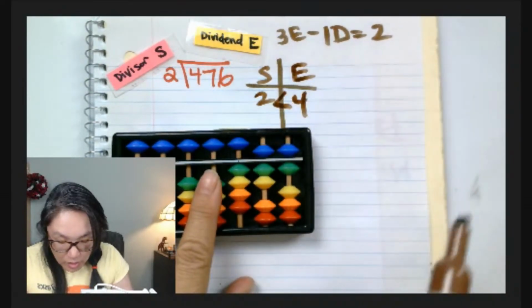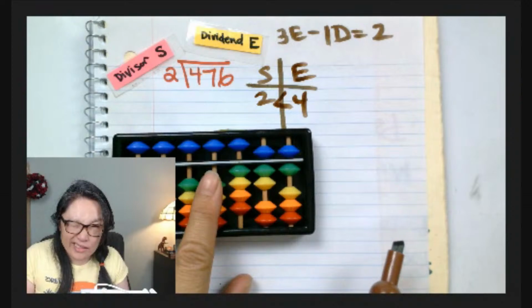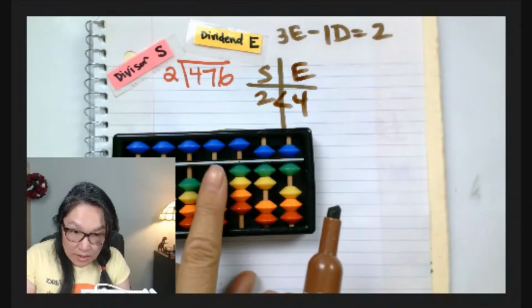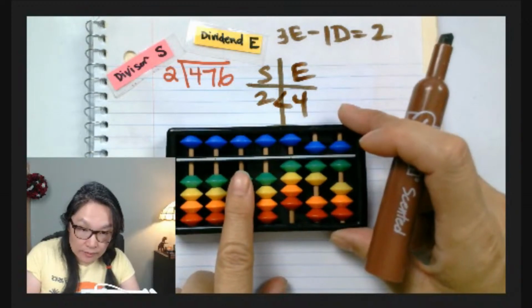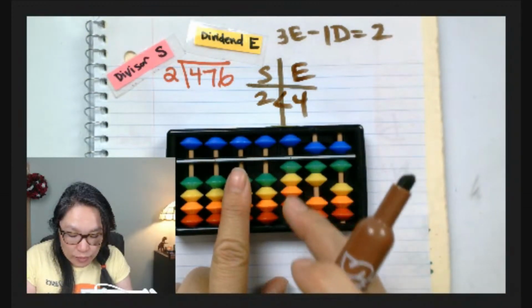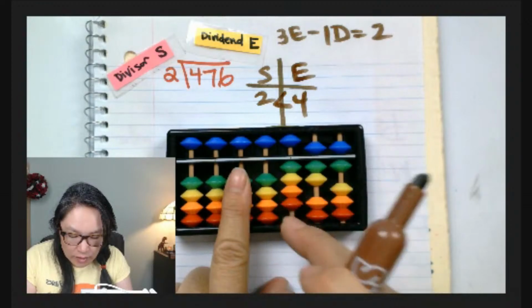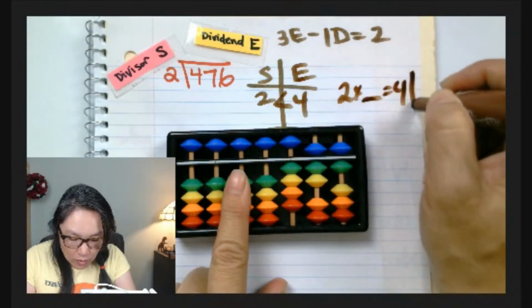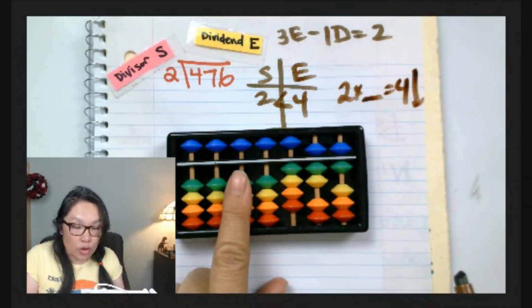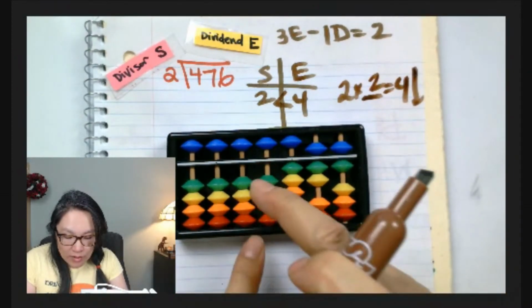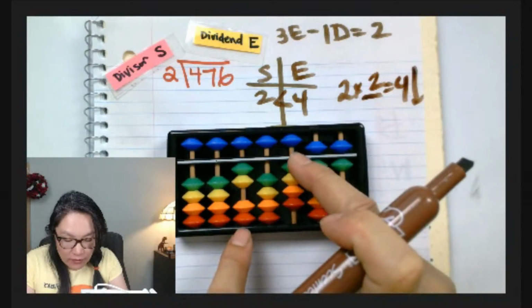Now our dividend is bigger, so we're going to skip this column and go here. That means we're only going to utilize one column. So the question is 2 times what is equal to 4 or less? 2 times 2. So I'm going to add 2 here and I take away 4.